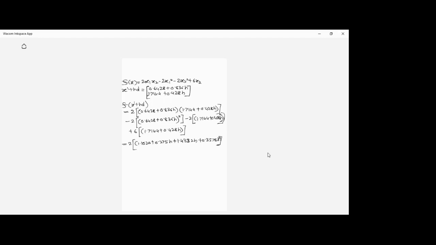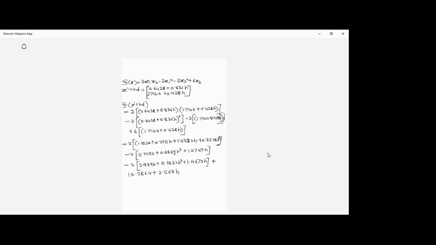So minus 2 and then opening that bracket, it will be 0.1432 plus 0.6869h square plus 1.0747h minus 2 and again opening that bracket, it will be 2.9392 plus 0.1832h square plus 1.4673h plus 10.2864 plus 2.568h.